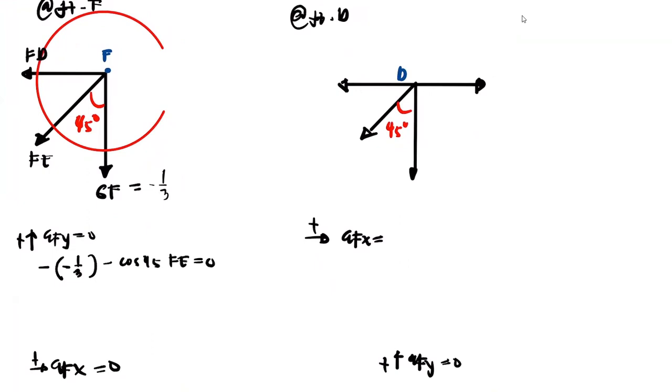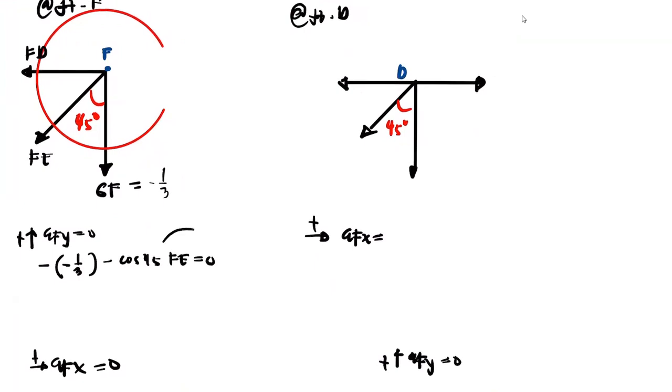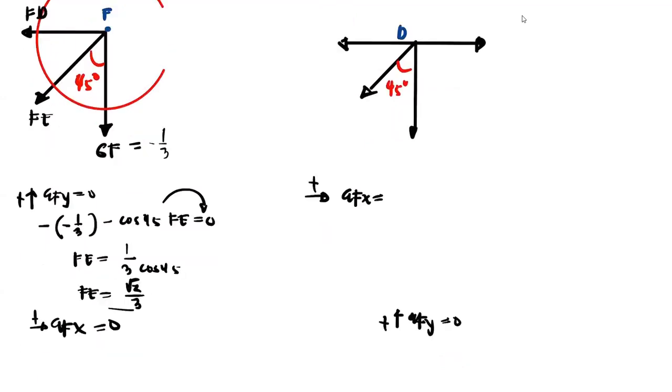FE is equal to 0. So transpose natin sa kabila, magiging positive. FE is equal to positive 1/3 cosine 45. Tama? So FE is equal to square root of 2/3. Okay?